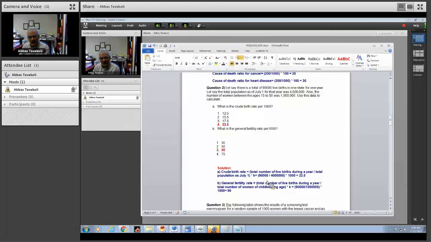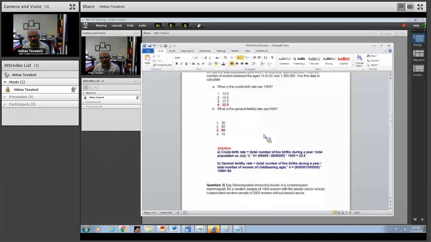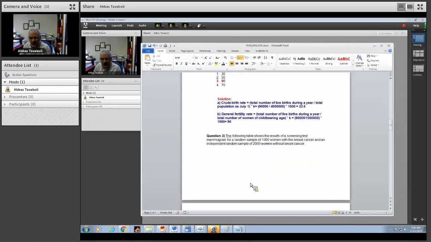So 90,000 over 4 million times 1,000 is 22.5. And general fertility rate is the total number of live births during a year, but now the denominator is changing. It is the total number of women of childbearing age, assuming 15 to 50. That is 90,000 over 1 million, times 1,000, which would be 90.